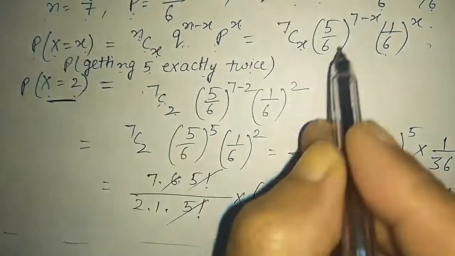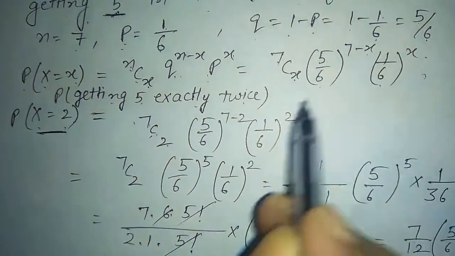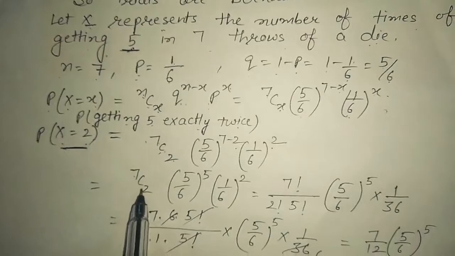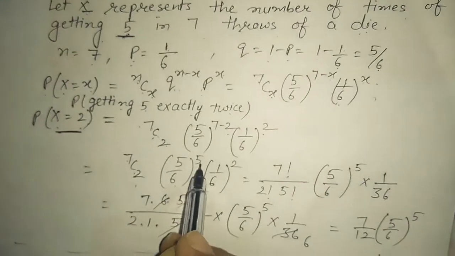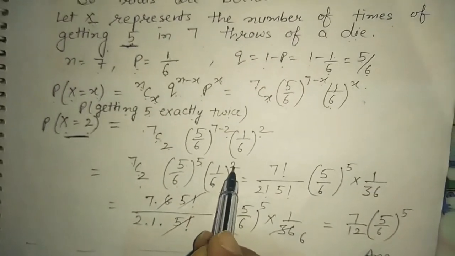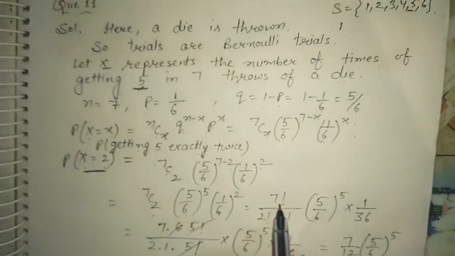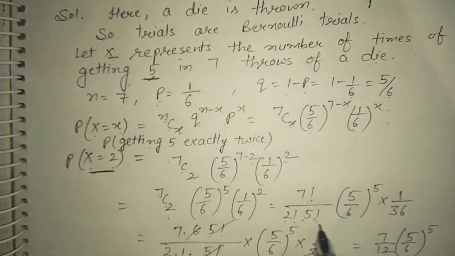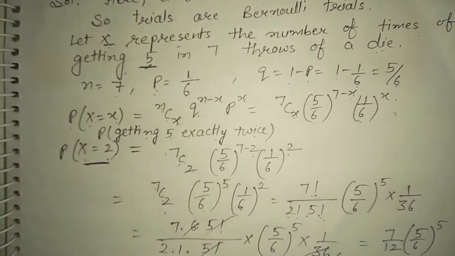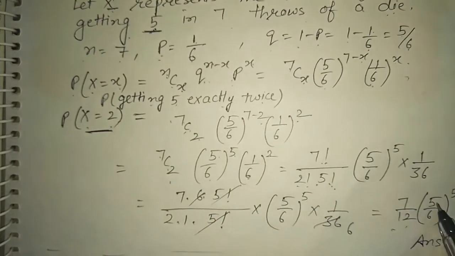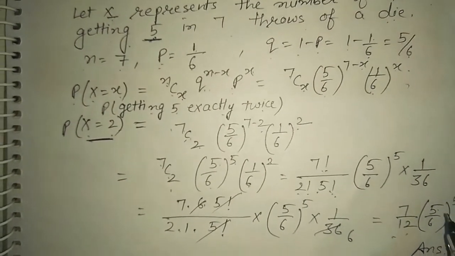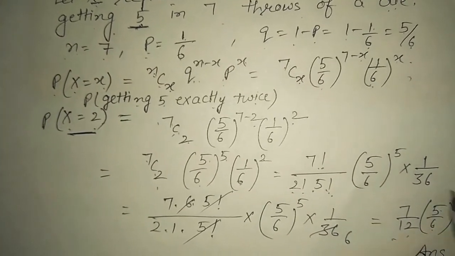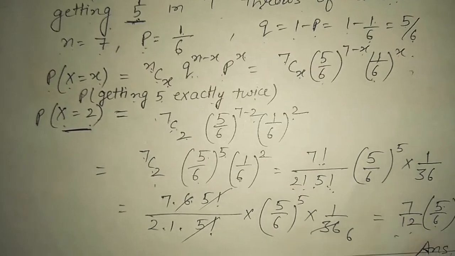So 7C2 (5 by 6) raised to power 7 minus 2, (1 by 6) raised to power 2. So 7C2 (5 by 6) power 5 (1 by 6) power 2. 7C2 is 7 factorial upon 2 factorial into 7 minus 2 factorial, that is 5 factorial. After solving we get 7 upon 12 into (5 by 6) power 5. Because (5 by 6) power 5 will be a long answer, we will keep it as it is. This is the answer.